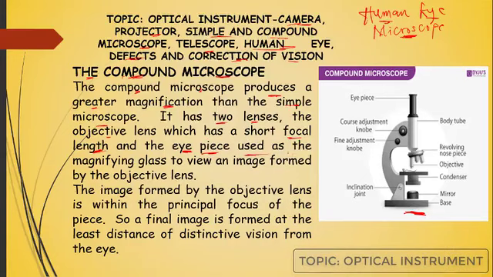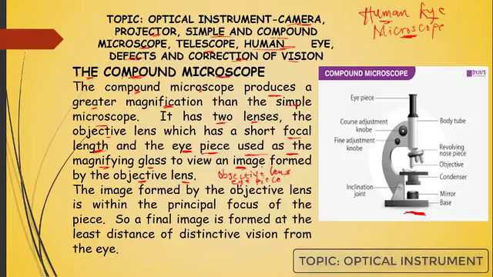The eyepiece is used as the magnifying glass that helps to view an image that has been formed by the objective lens. So both of them work together.